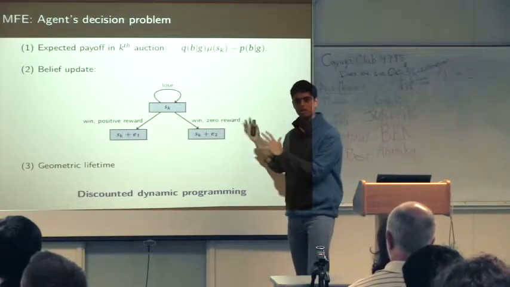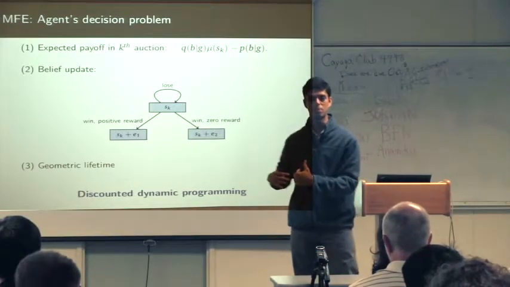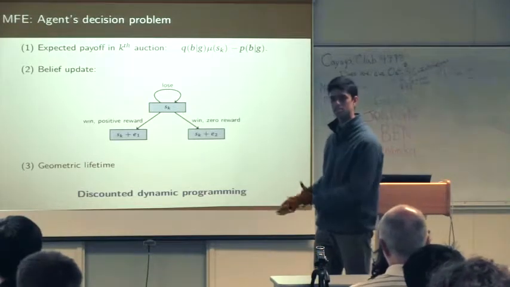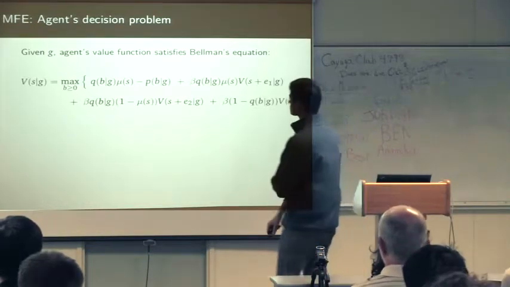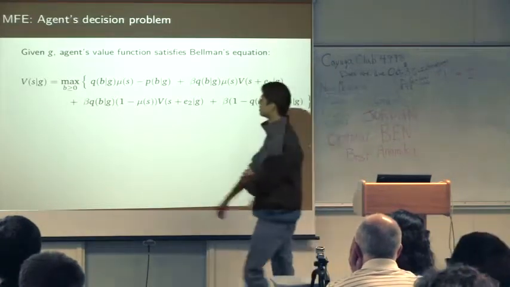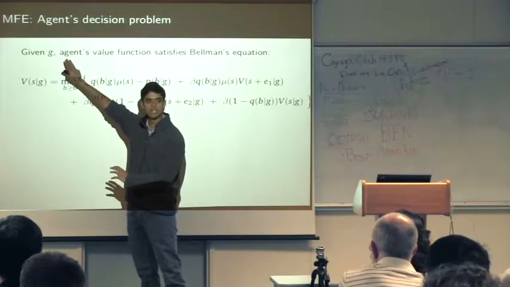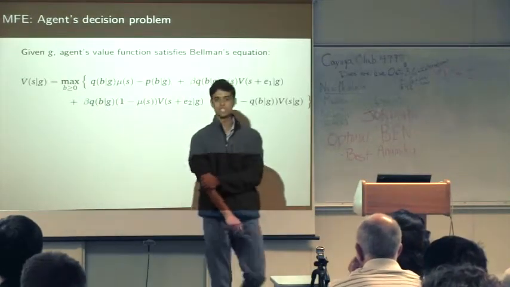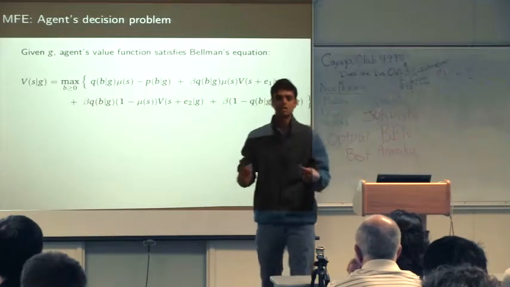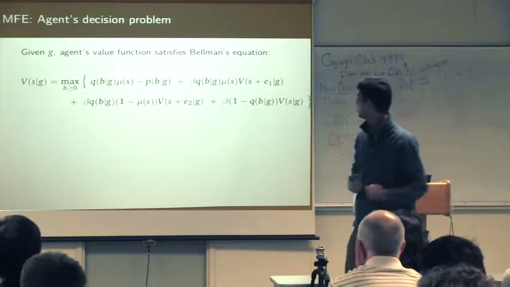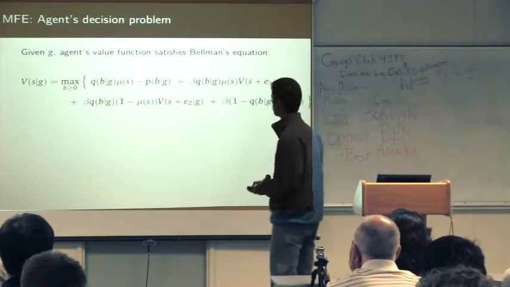So already we saw a drastic reduction in the complexity, and in particular, we can go ahead and actually analyze this problem. This is the agent's Bellman equation, and given the bid distribution G, we can write down the expression for the value function V. Starting from a belief, this is the maximum you can extract from the market, and it has many components.